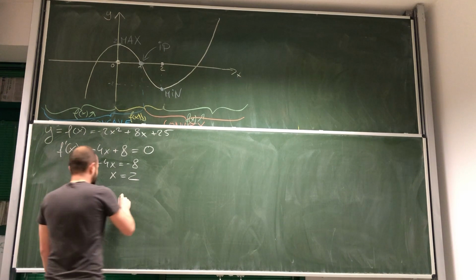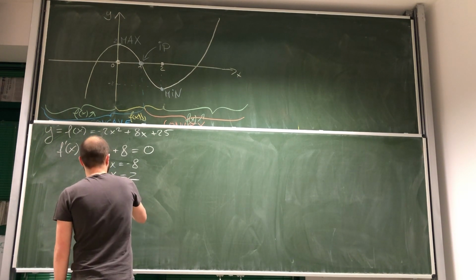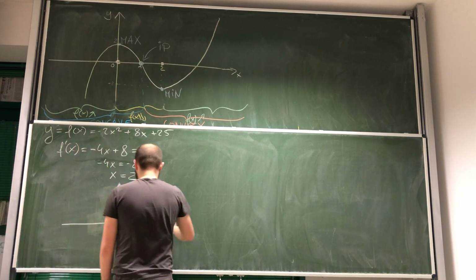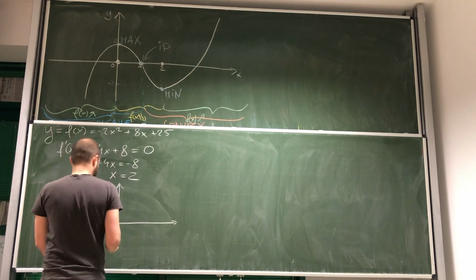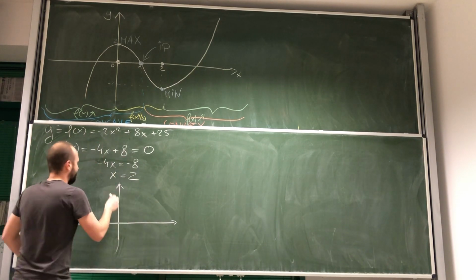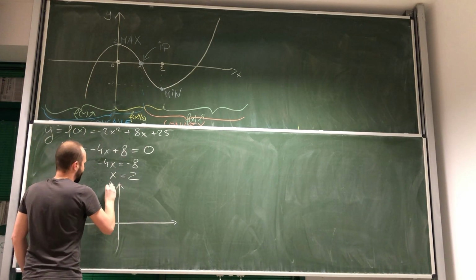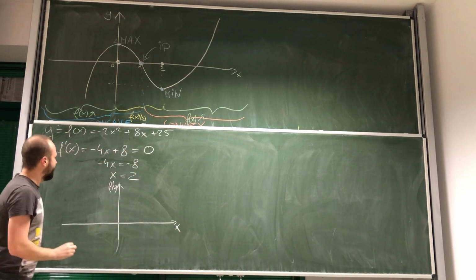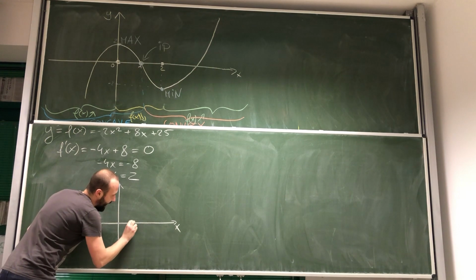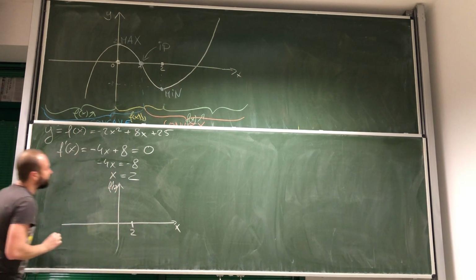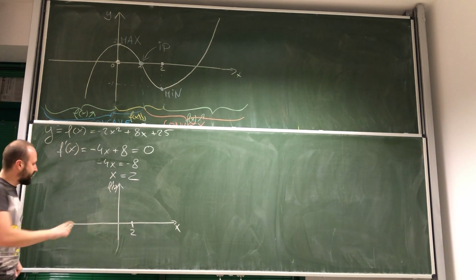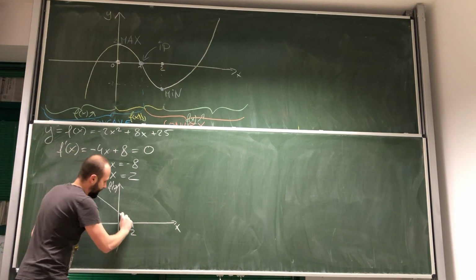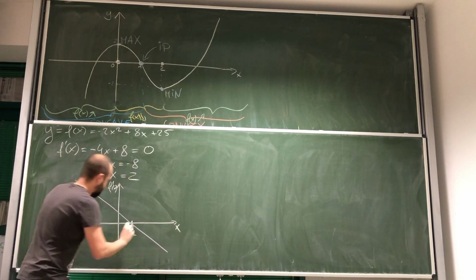So if I'm going to draw this function now, here we have f prime of x, here we have x, and we know that it cuts through the x-axis at point 2, and it is downward sloping, so it goes like this.